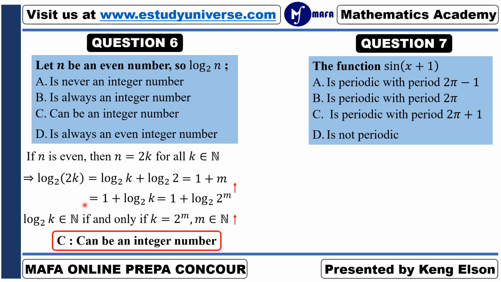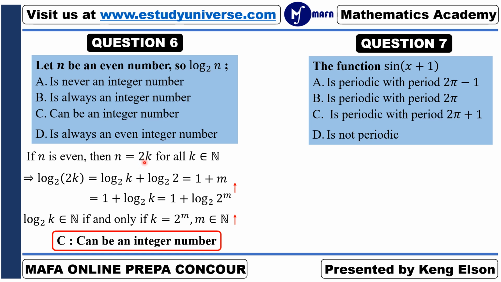So option C is correct, can be an integer. Why are we saying can be an integer? Because for it to be an integer, there is a condition. So option A, which is saying that it's never an integer, is wrong. Why? Because if m is 1, then k is 2. And for k to be 2, our n is going to give us 4.